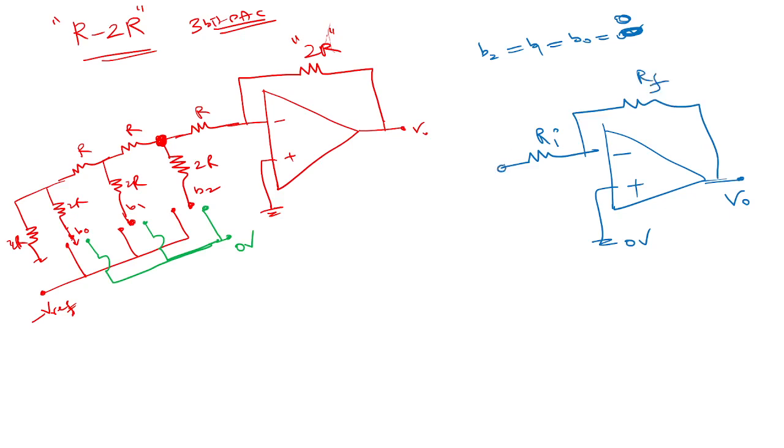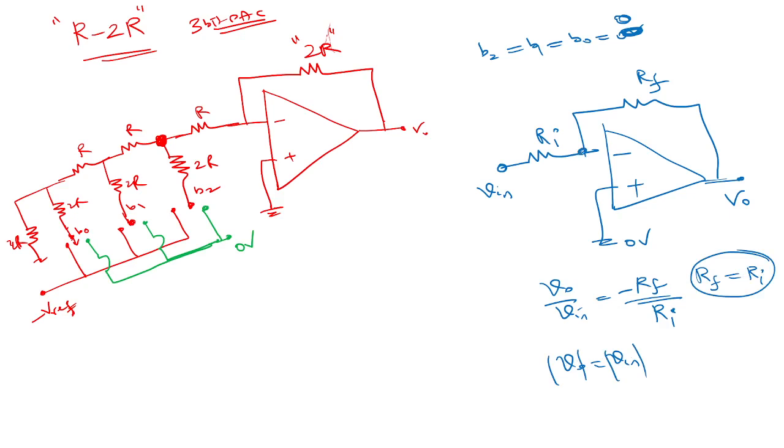This is Vin. We know that V naught by Vin is minus RF by Ri. Let's say I don't want gain. That means the magnitude of V naught is the magnitude of Vin. That means RF, I can choose as Ri. So the effective impedance seen from this node should be equal to the effective impedance seen from here, from this node towards V naught. Are you clear?